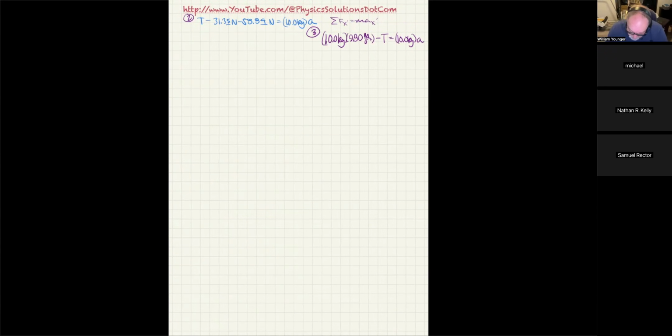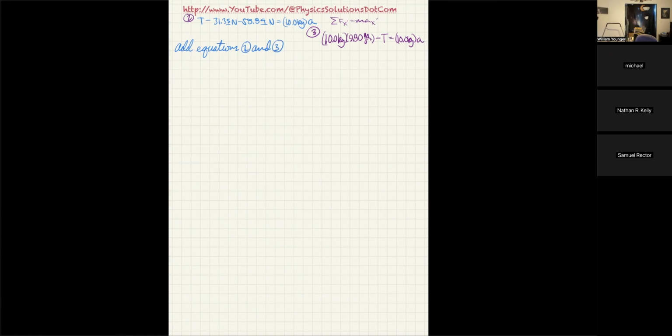So just like we did before, I see a common T. One's got a negative coefficient and the other one's got a positive coefficient. So I'm going to add the two, add equations 2 and 3.